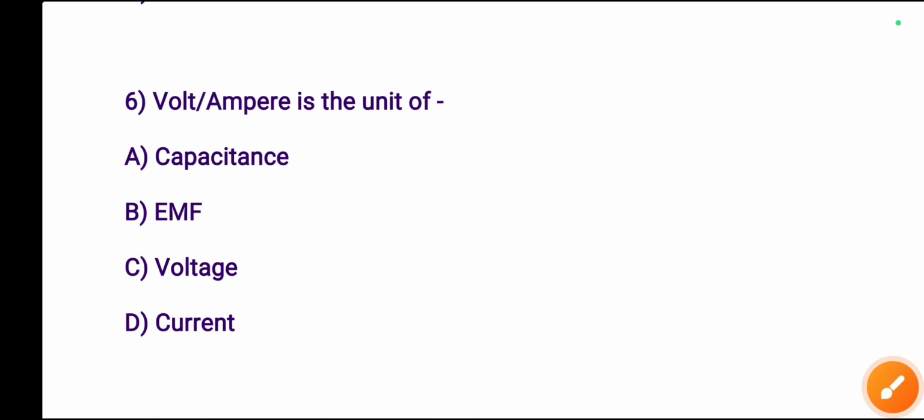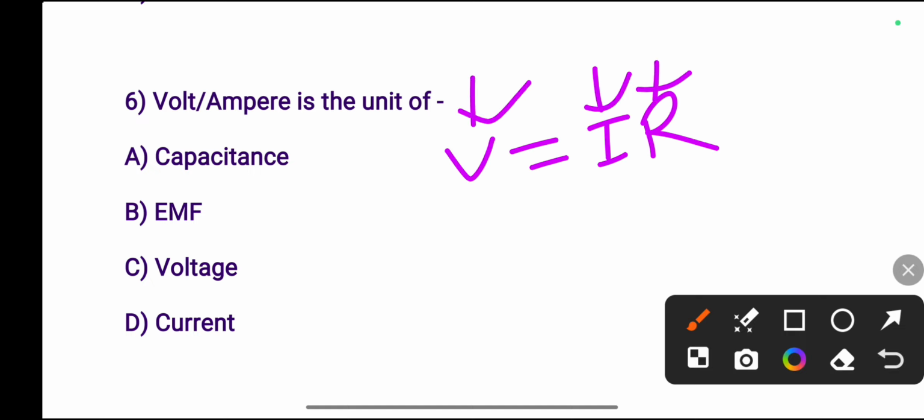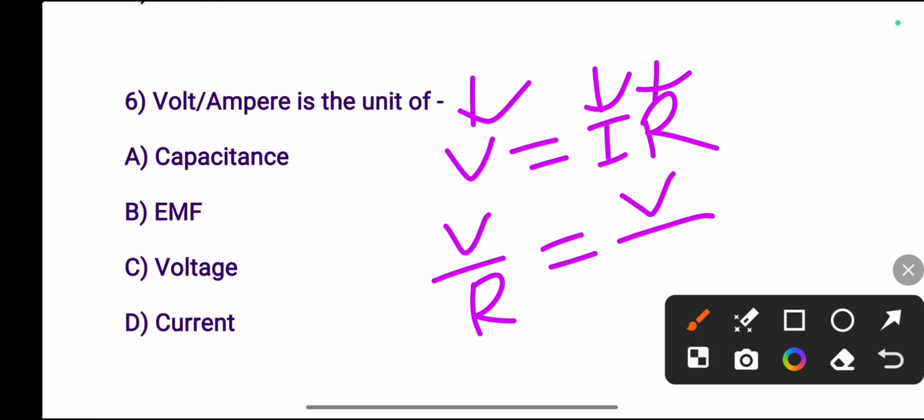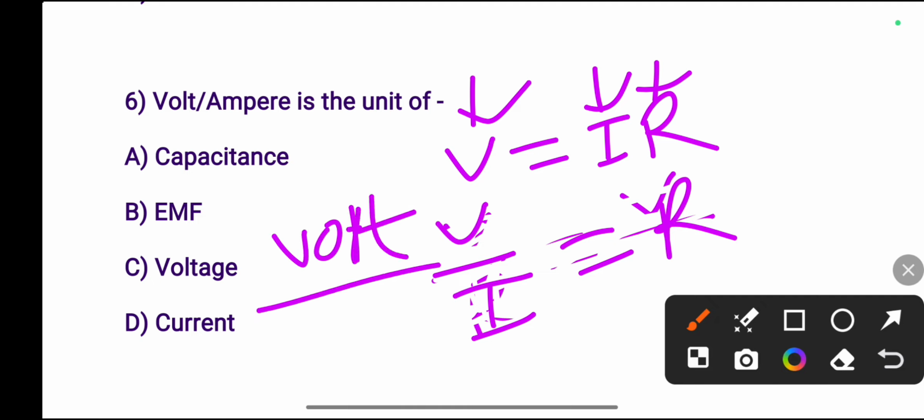Next, volt ampere is the unit of capacitance, EMF, voltage and current. Here we have used the formula V equals IR. V is the voltage, I is the current, R is the resistance. Now V by I equals R. The unit of V is volt and unit of current is ampere.